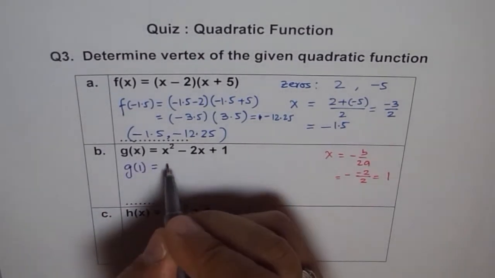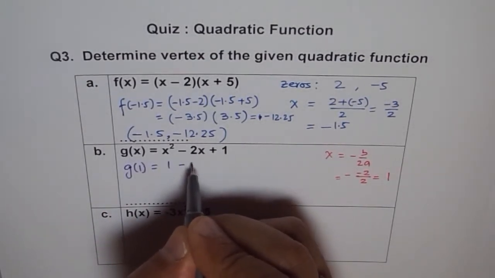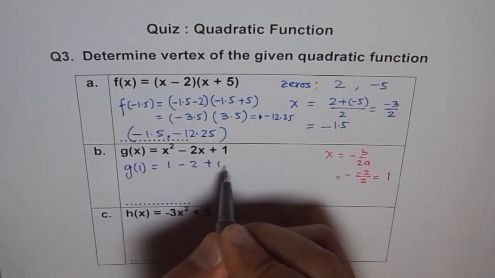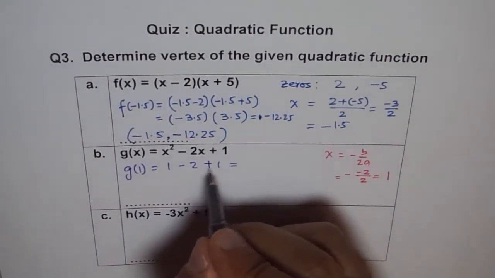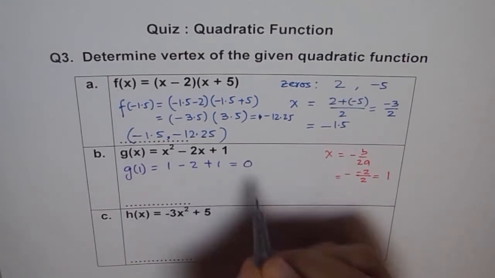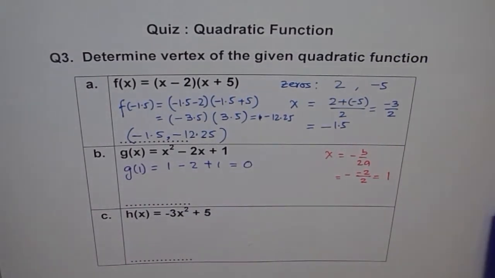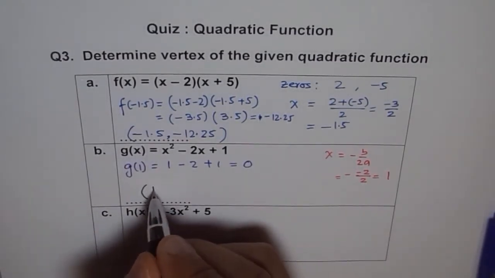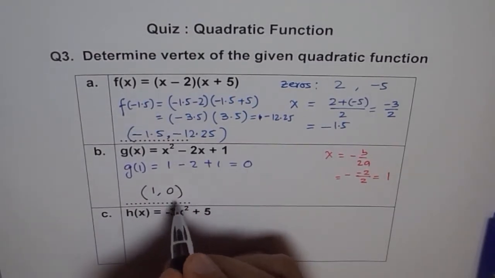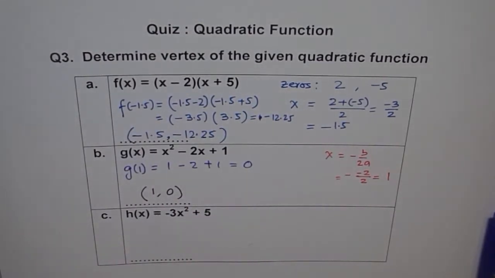So g of 1 is 1 squared is 1, minus 2 times 1, plus 1, which is 1 plus 1, 2, 2 minus 2, 0. So we get 0. So therefore, our vertex for this has x value 1 and y value 0. 1, 0, correct?